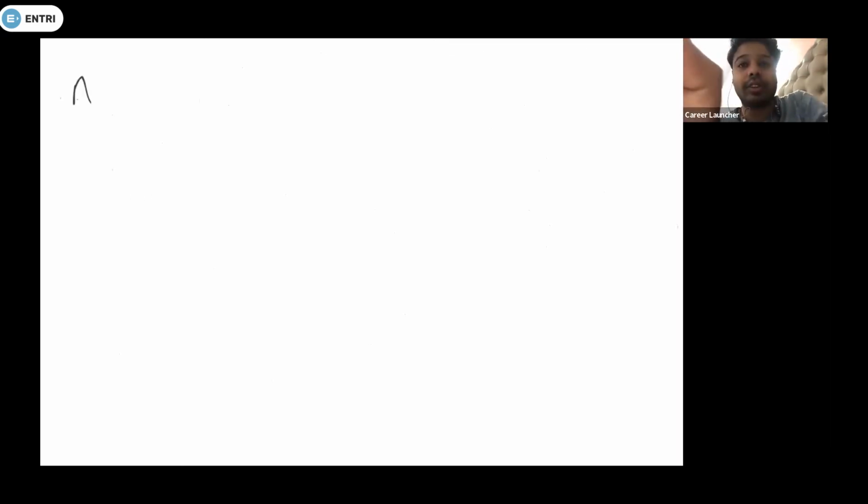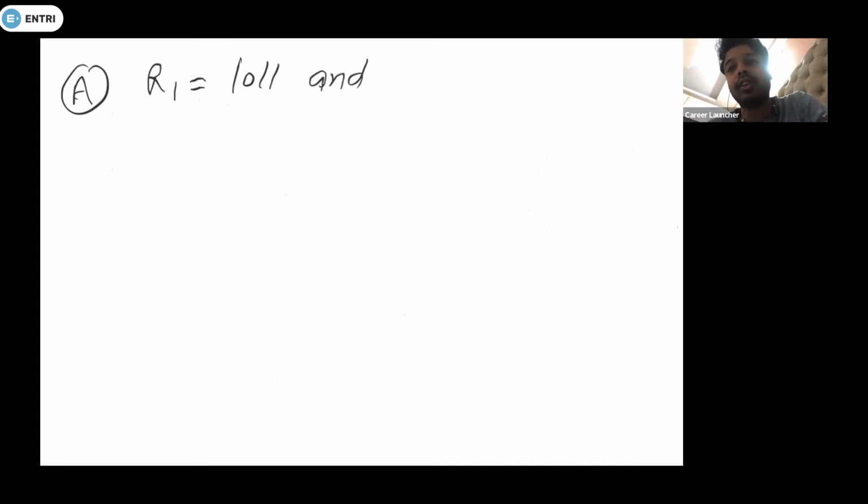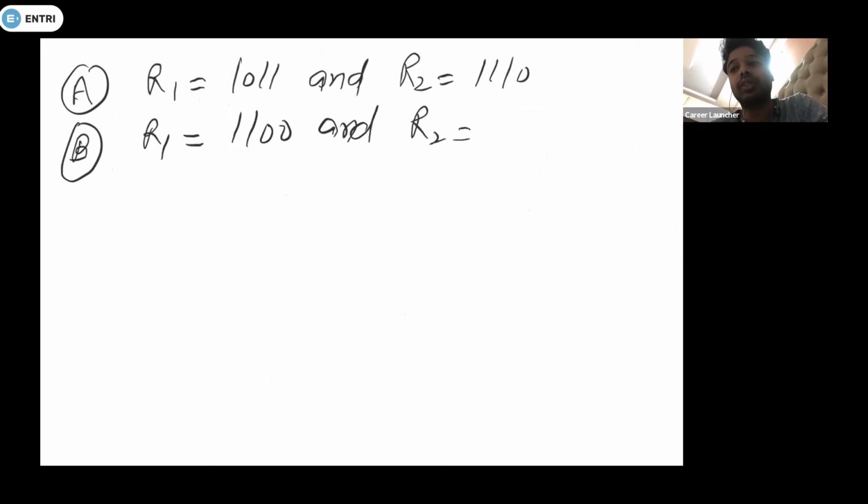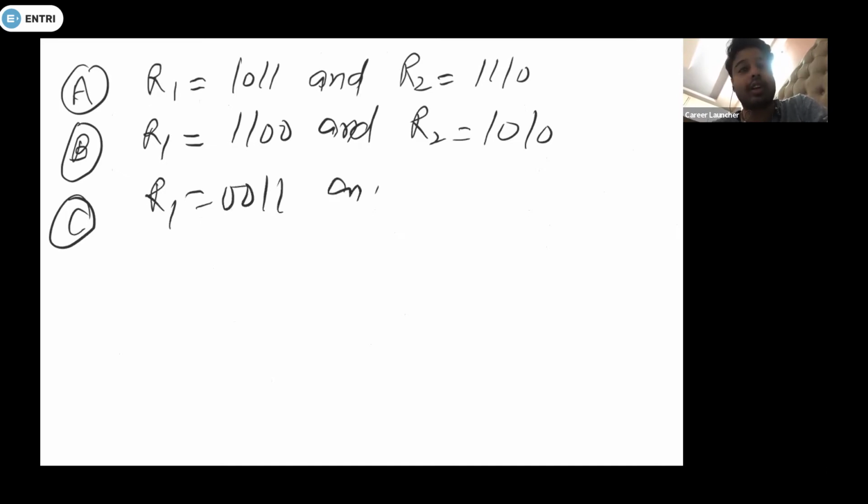Okay, option A: R1 is 1011 and R2 is 1110. B: R1 is 1100 and R2 is 1010. C: R1 is 0011 and R2 is 0100.